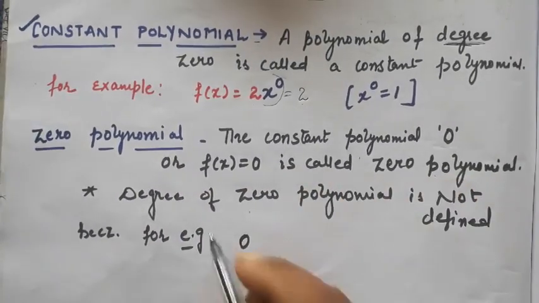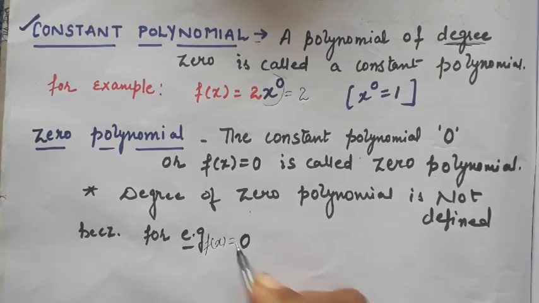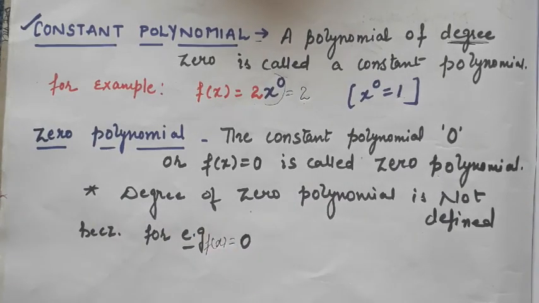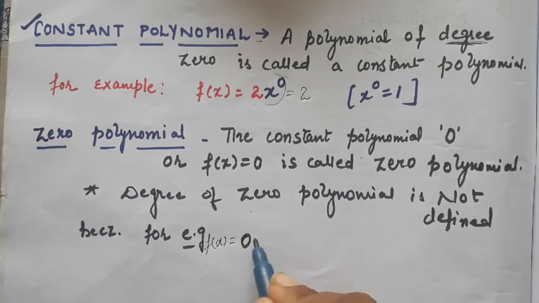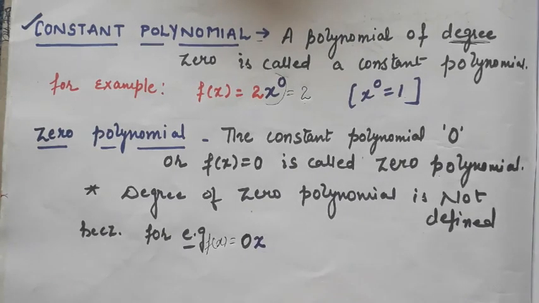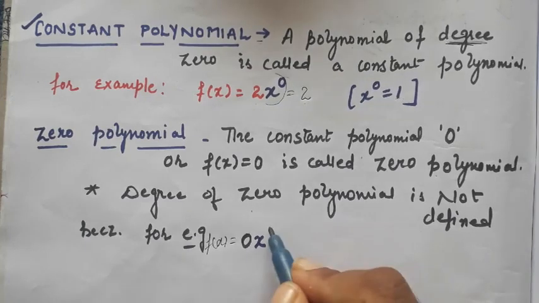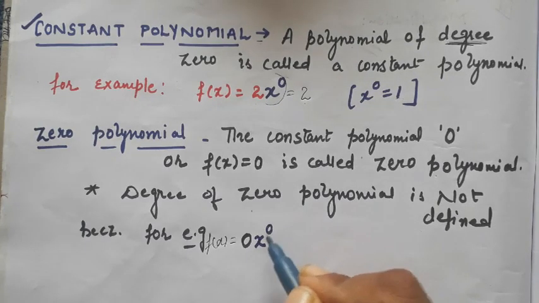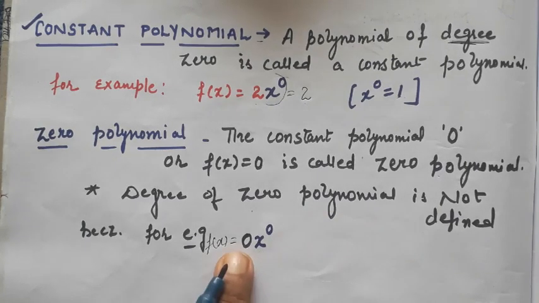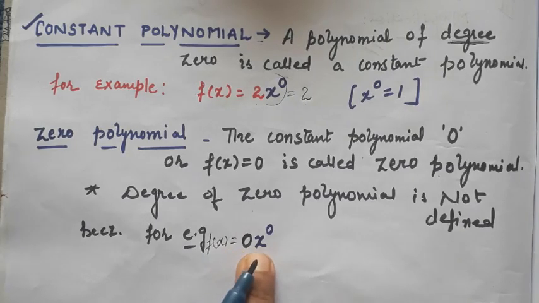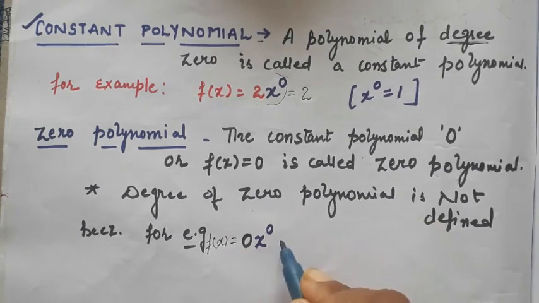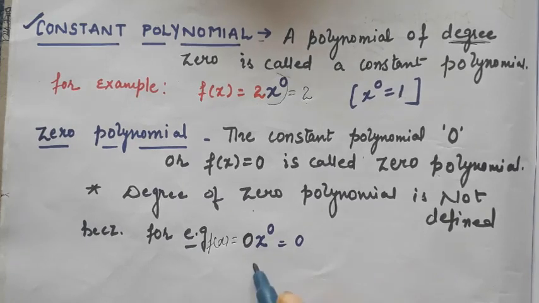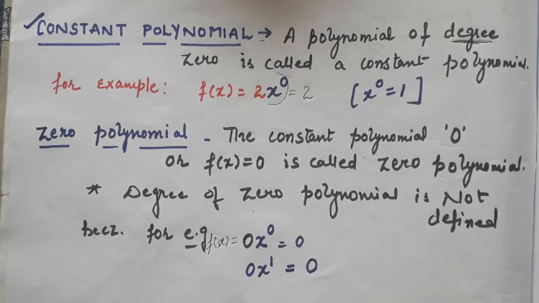Why? For example, if I take f(x) = 0, I can multiply this with x raised to power 0 and I will get 0 only. If I multiply 0 with x raised to power 1, I also get 0, right?